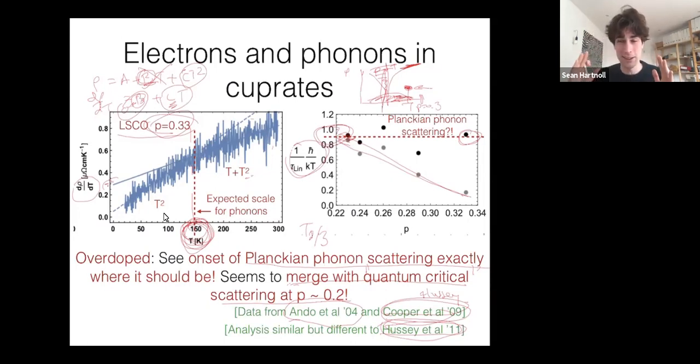In fact, Hasse examined the exact same data, and in his mind he went up to higher temperatures. Let me try to stick it here. It's quite interesting. In his mind, what he saw in the same data was a T plus T squared, and then there was this critical region where the derivative flattened, right?